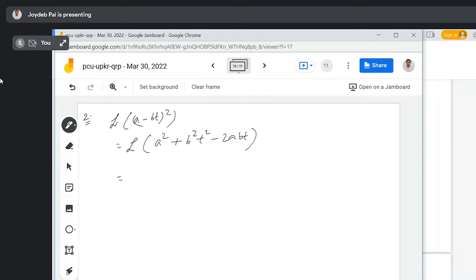So a square is a constant. I can write a square Laplace transform of 1 plus b square Laplace transform of t square minus 2ab Laplace transform of t. Right? Now look.